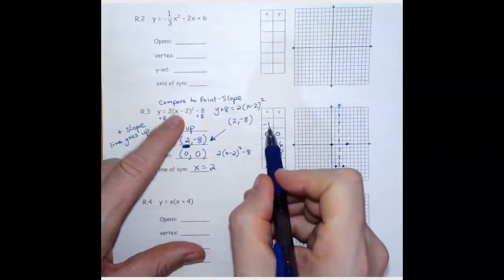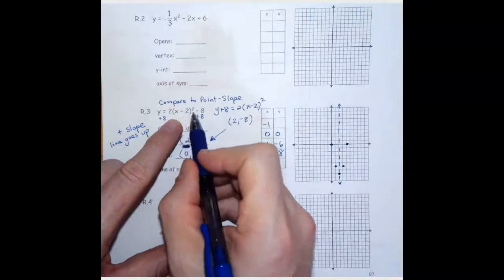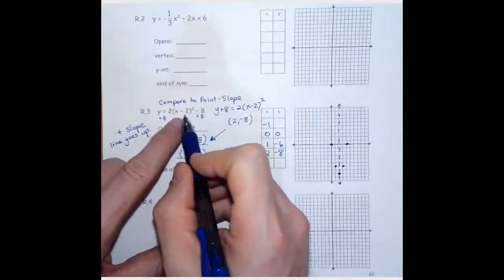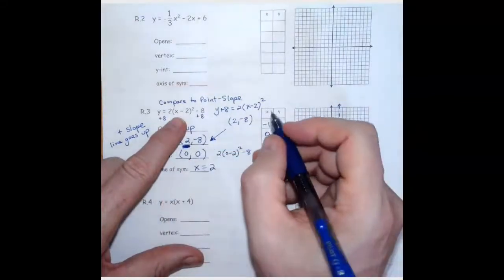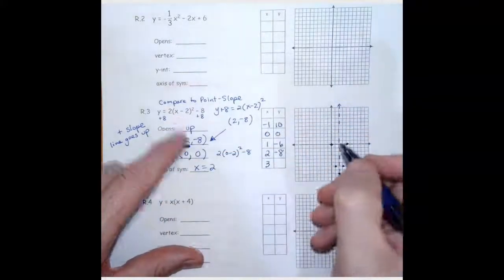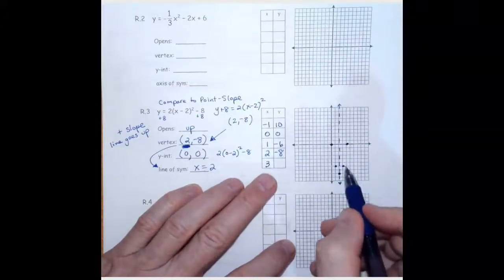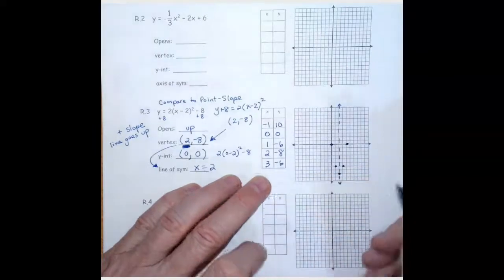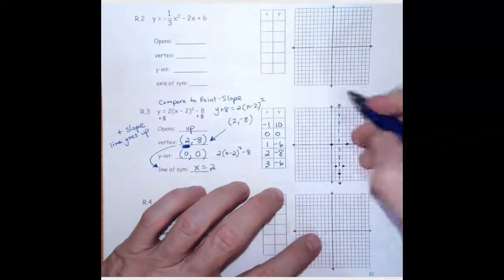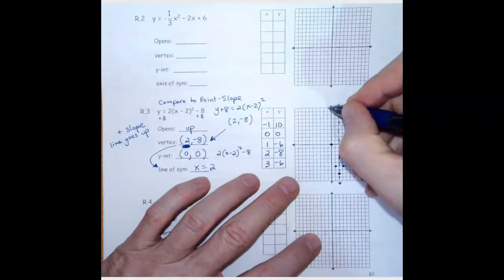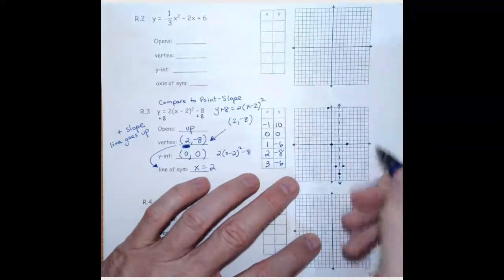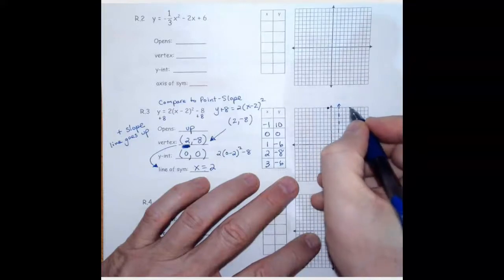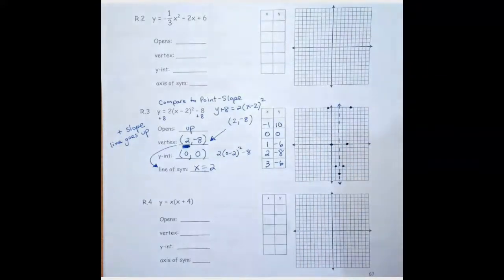Now I'm going to plug another point in. -1. -1 minus 2 is -3. -3 squared is 9. 9 times 2 is 18. 18 minus 8 is 10. Okay. Now over here, by the way, we reflected that point over, and 3 was the same as 1, so that's -6. Now we just got (-1, 10), should be right there, and that is 3 away from the axis of symmetry, so we can put a point on the other side 3 away also.